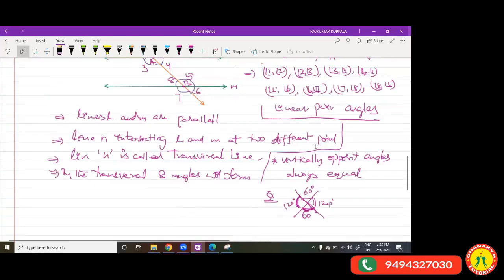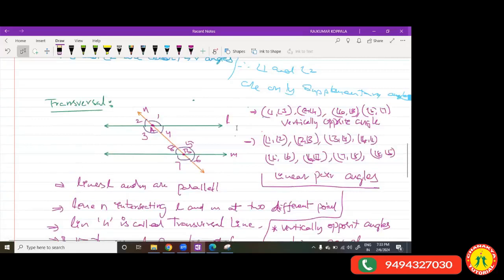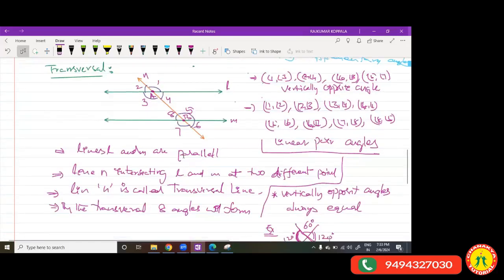Okay. From this we have many different types of angles. And here two more types: interior angles and exterior angles. What does interior mean? This part is called interior, and outside is called exterior.